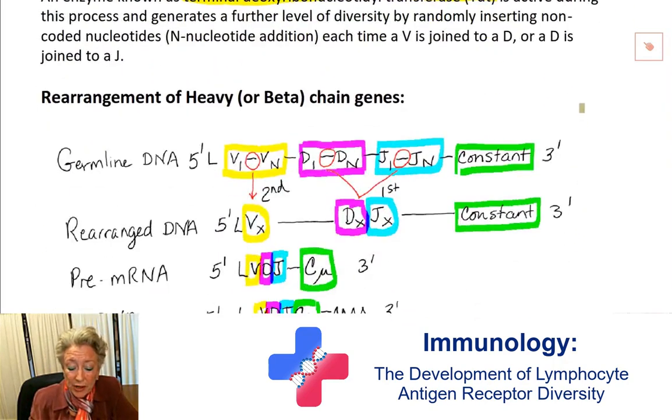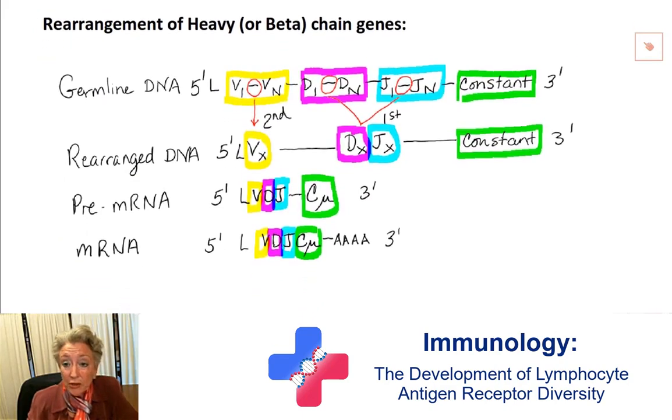Now, as I said, I don't want you getting too obsessive about the process here, but in broad strokes, if I were looking at the germline DNA and reading from 5' to 3', I would have in order a group of variable gene segments, a group of diversity gene segments, and a group of joining gene segments.